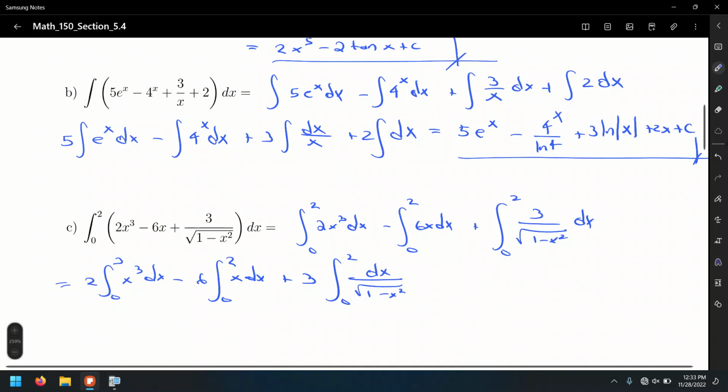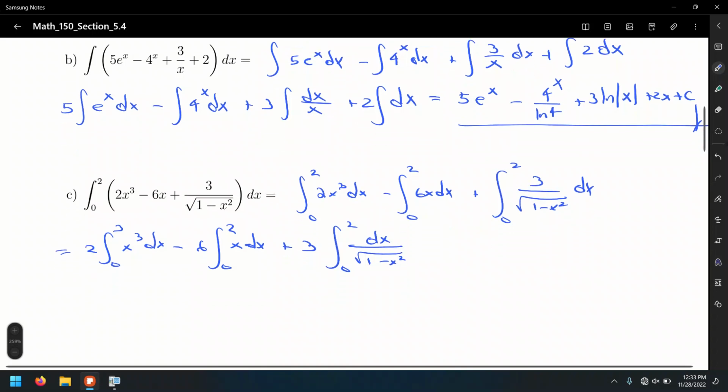So again, there are 2 ways you can read this integral. Number one, the integral of x cubed dx, or the integral of x cubed with respect to x. Again, these are different ways to say the same thing.